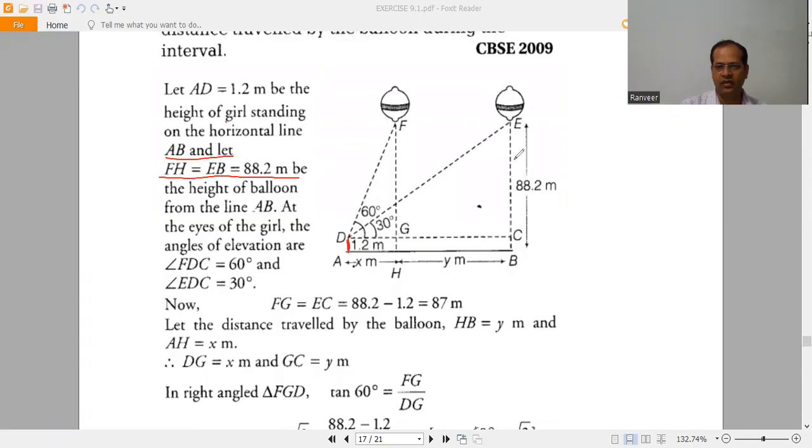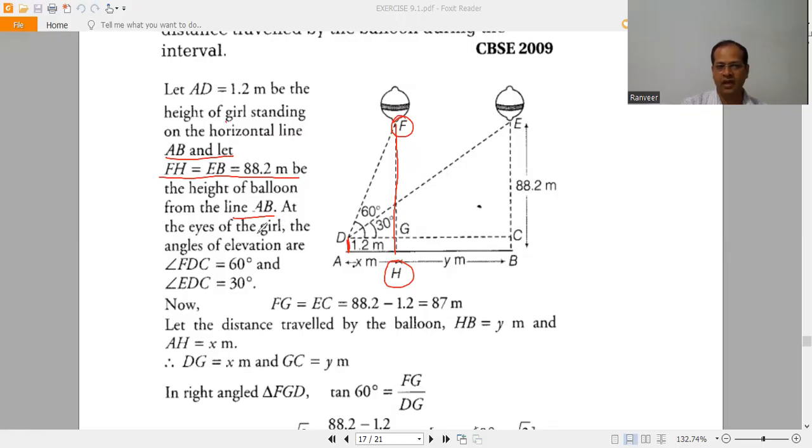So this is the value FH. This is the total, equal to EB equal to 88.2 meter, the height of the balloon from the line AB.